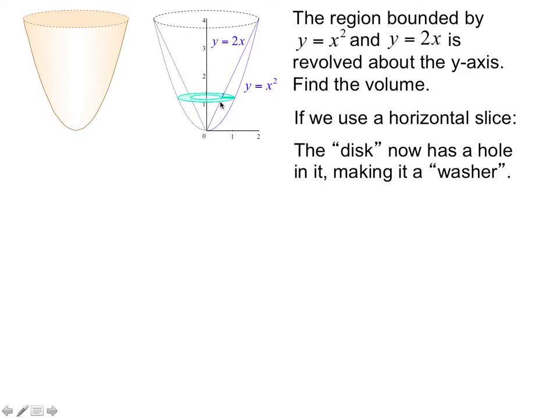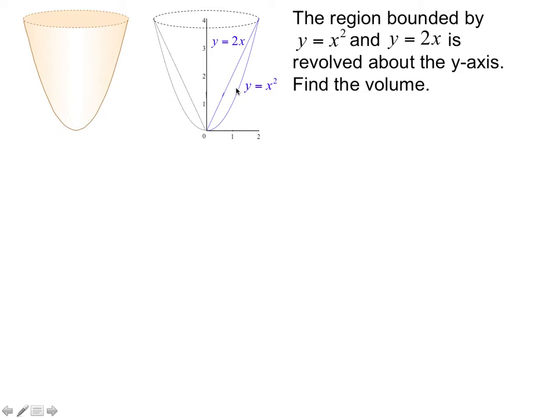So we can see that if I back up here, we have that horizontal slice right here, and when we spin that, it becomes this washer. So relative to the axis of rotation, the outer surface is this parabola, and the inner surface is the line.